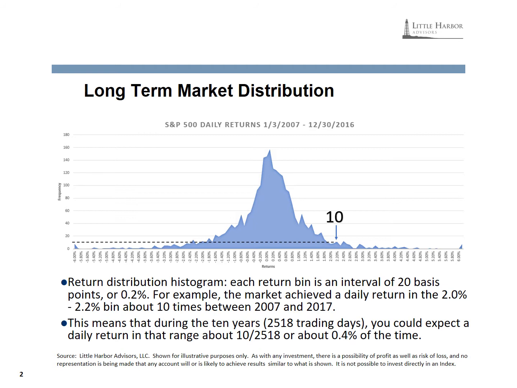On the left vertical side of the chart is a scale representing individual trading days during the 2,518 trading days in the 10-year period. For example, the market achieved a daily return in the 2% to 2.2% bin about 10 times between 2007 and 2017.